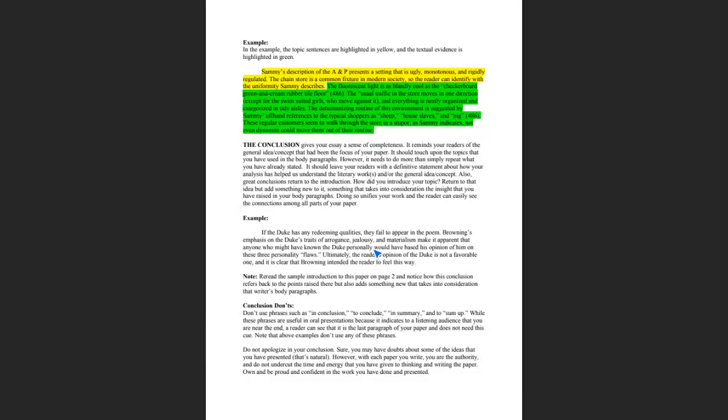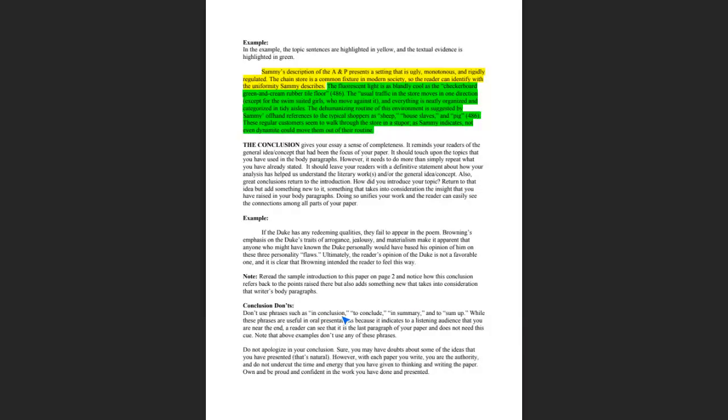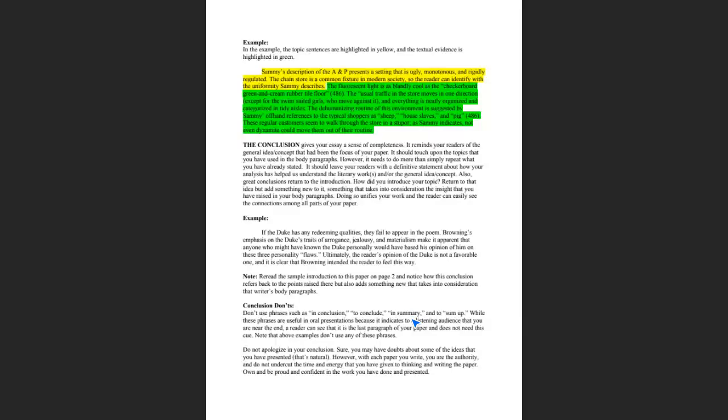Also, don't begin your conclusions with "in conclusion," "to conclude," "in summary," or "to sum up." Notice this conclusion does not use any of those phrases. Oftentimes, those phrases make more sense if we're giving a speech, because when we're giving a speech, the audience does not have the paper in front of them.